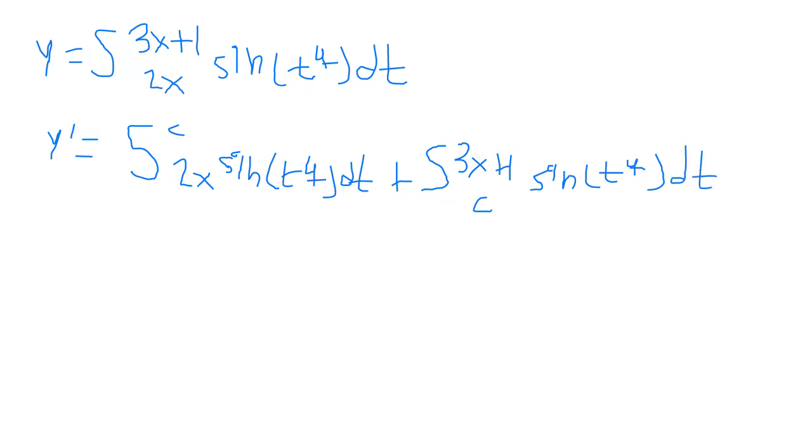And then from here, we're usually used to seeing x on the upper bound. So what we can do is use a negative and switch the boundaries. So from here we would have c to 2x, and then sine, same thing basically.